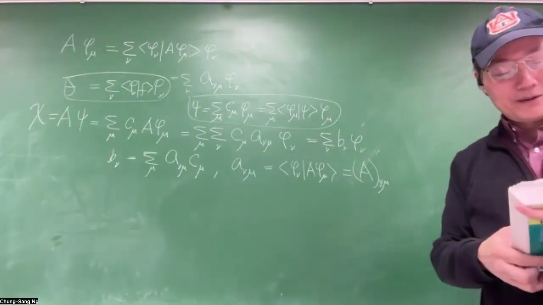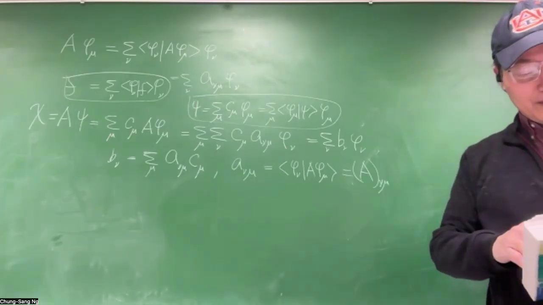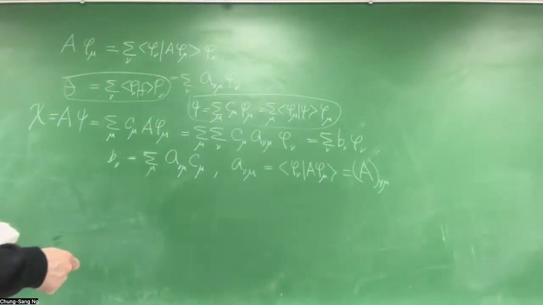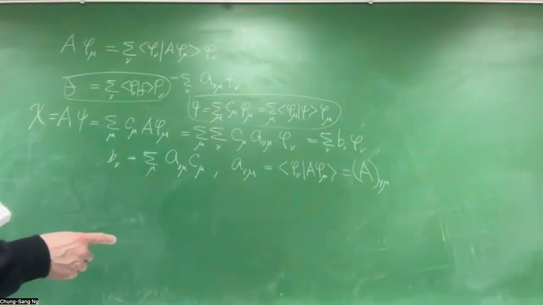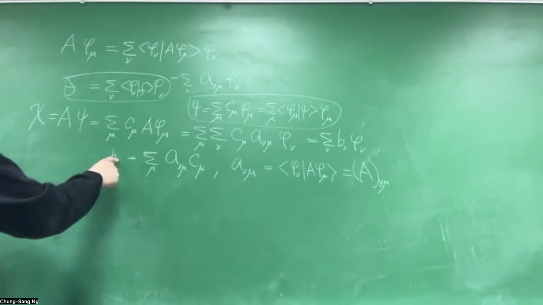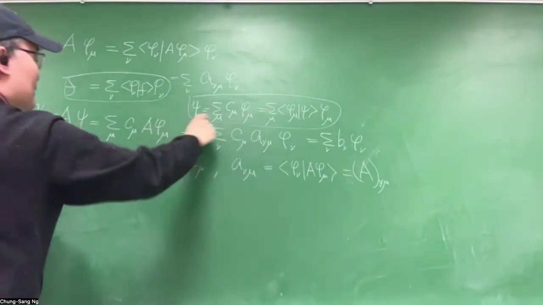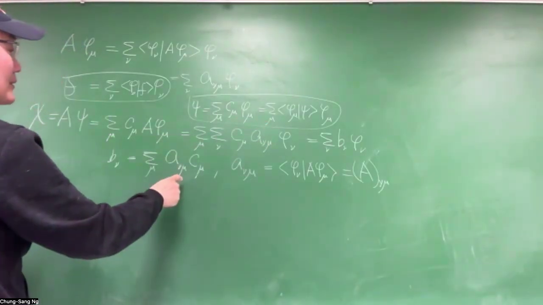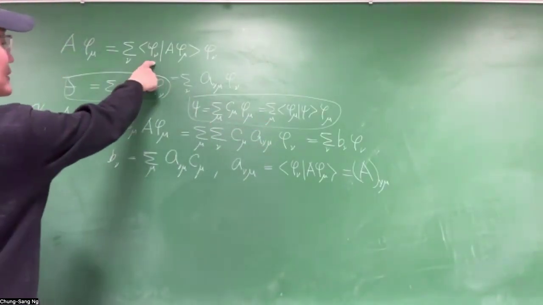Is that okay? So that's the way to do it. Another way to look at it is, now you have A sub nu. C sub mu is this one, and the A sub mu is this one.